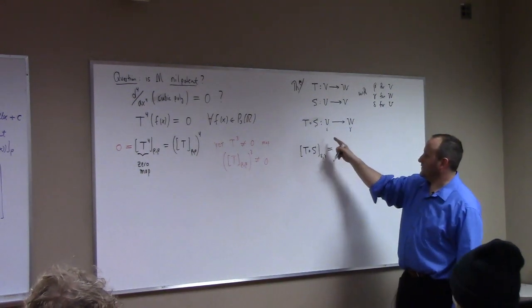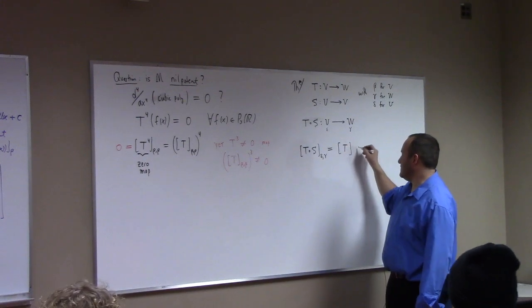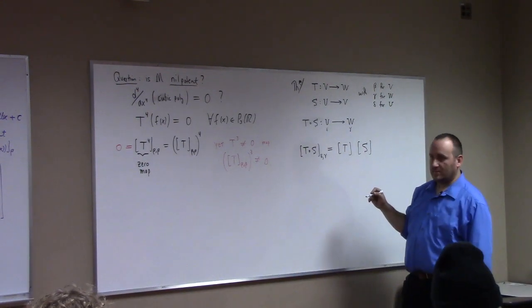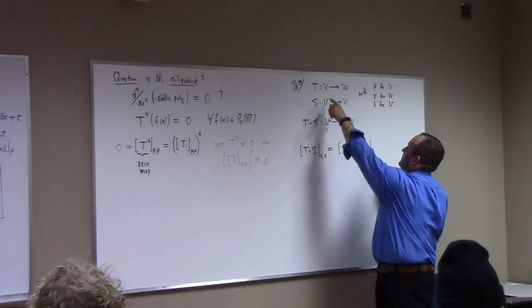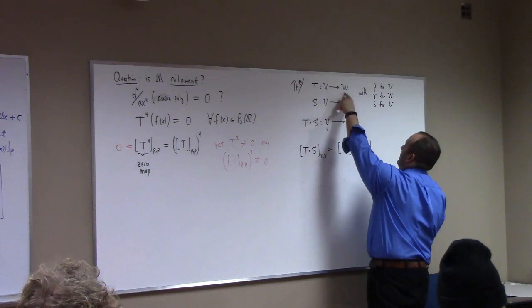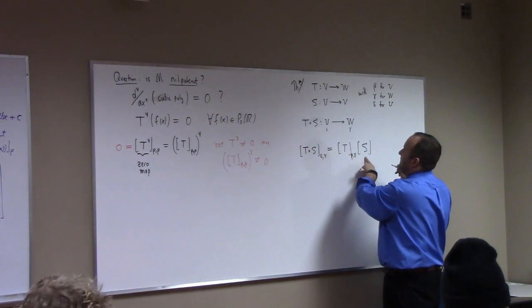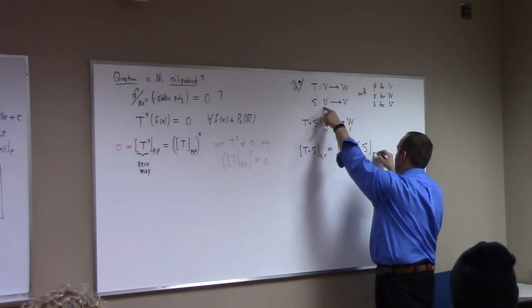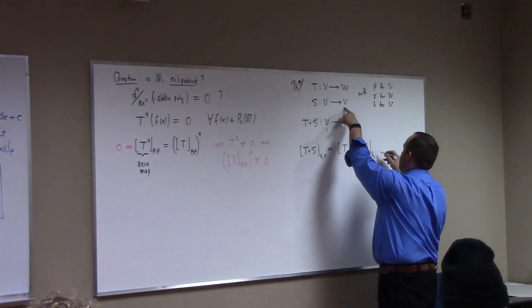So, the matrix of the composite is the product of the matrices composed, but you've got to keep track of the bases, right? T gets the beta gamma basis, and S gets the delta beta basis.